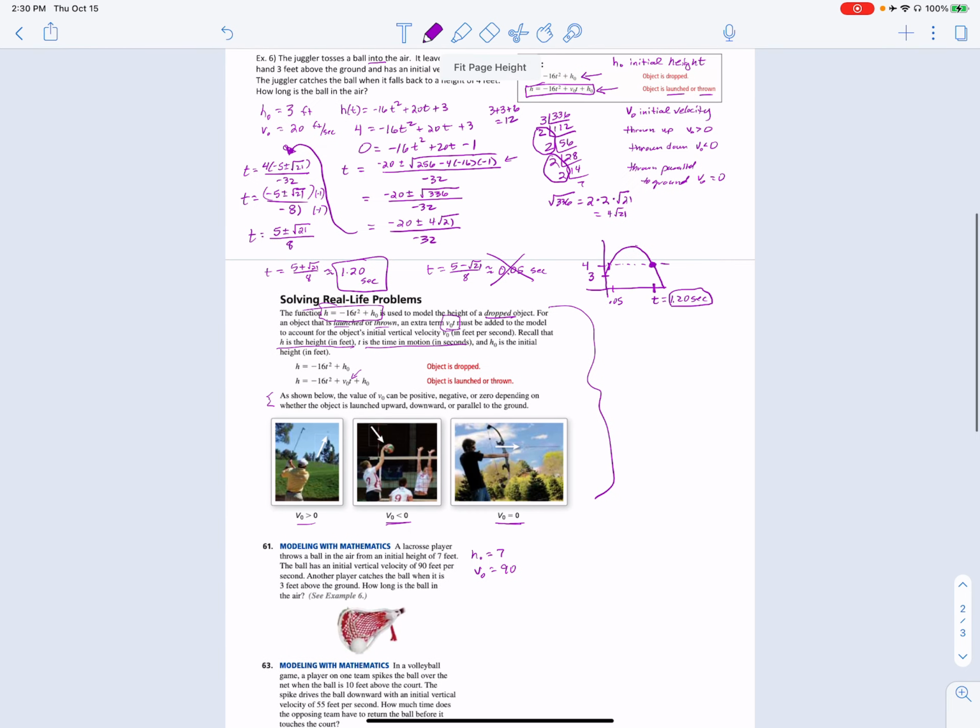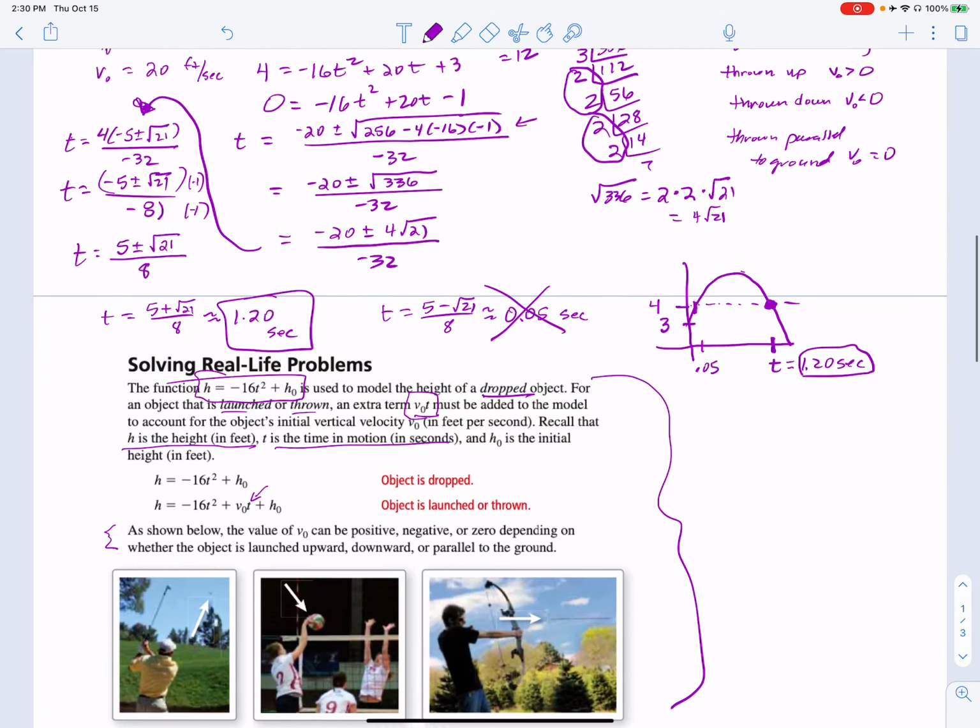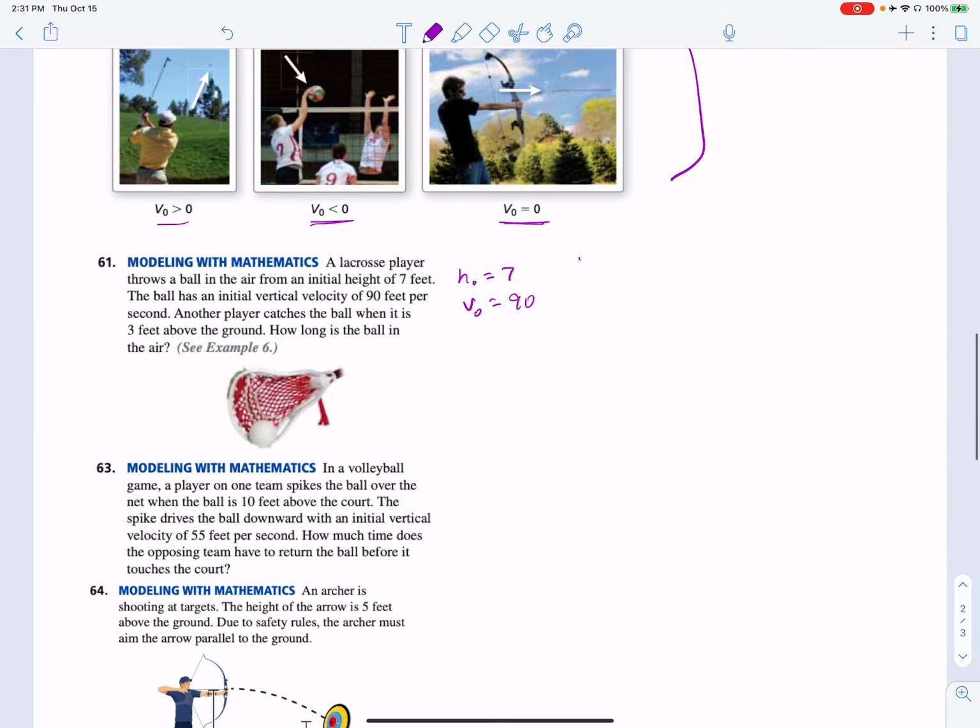That equation is going to be h equals negative 16t squared, and velocity is positive because it goes up in the air, and you have an initial height of 7, and then continue, etc., with that problem.